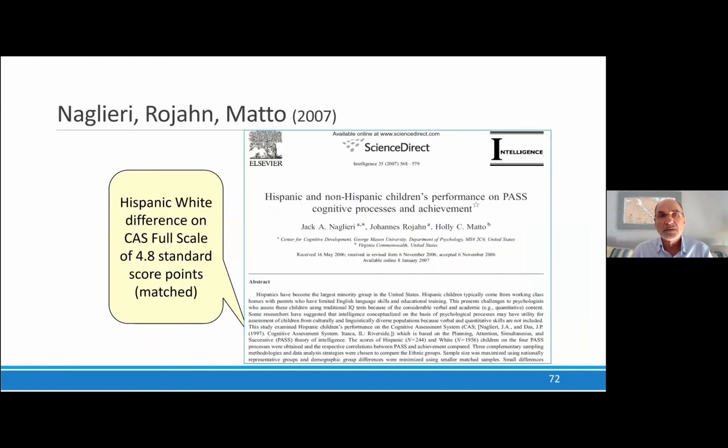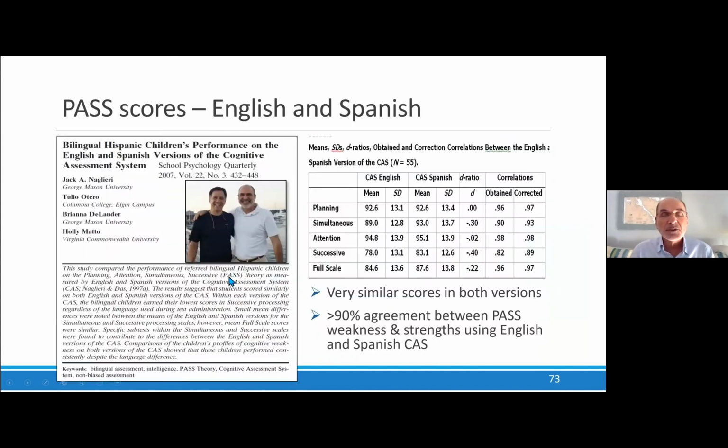I'll tell you a little bit more. We can do better. Here's what you get for Hispanics, basically the same difference. Hispanic and non-Hispanic differences on PASS in the Cognitive Assessment System are basically the same, 4.8. Interestingly, when you give the CAS in English or Spanish, you get the same results. Not only do you get the same results in terms of mean scores, you get the same decisions.